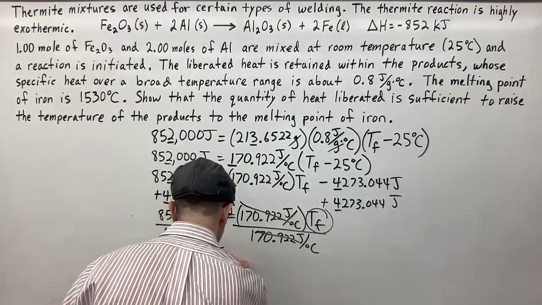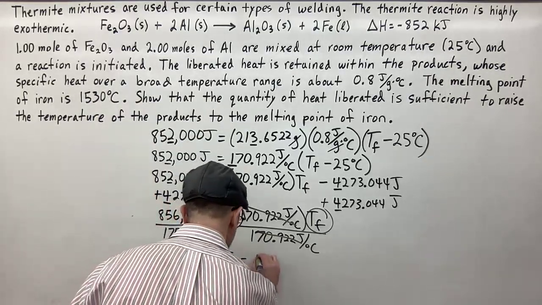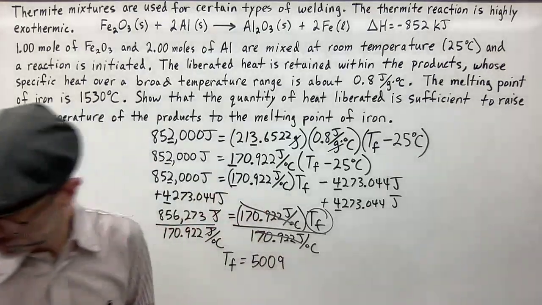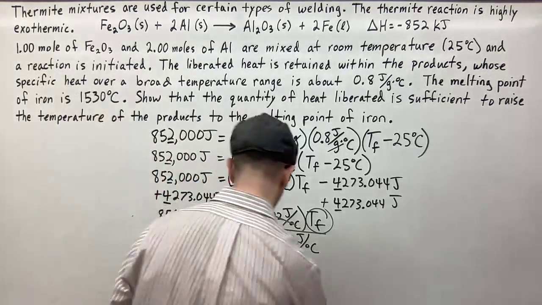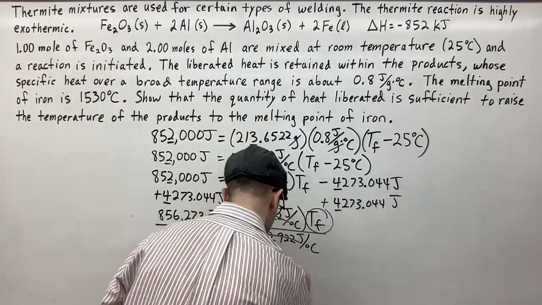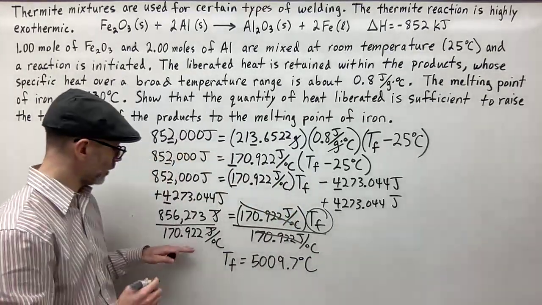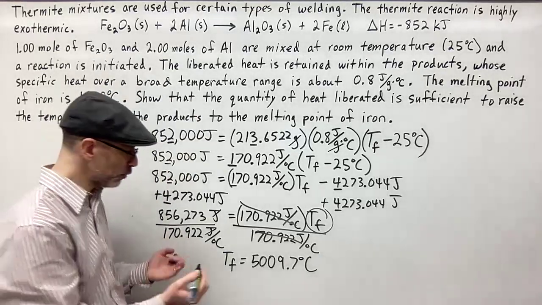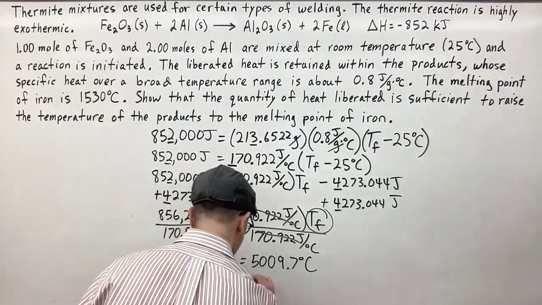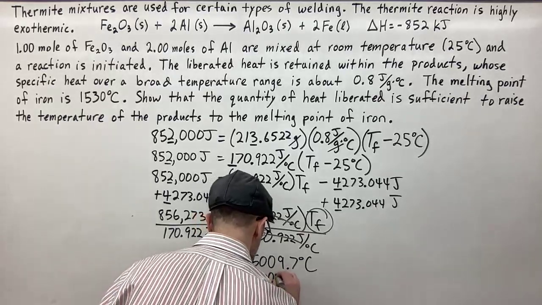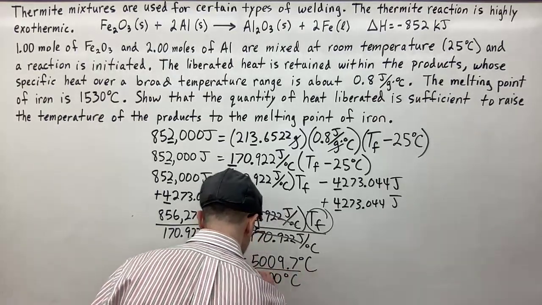When I divide these, I get 5,009. So TF is equal to 5,009.7 degrees Celsius. And again, since I'm only allowed up to the thousandths place for a digit, rounded, that would be 5,000 degrees Celsius.